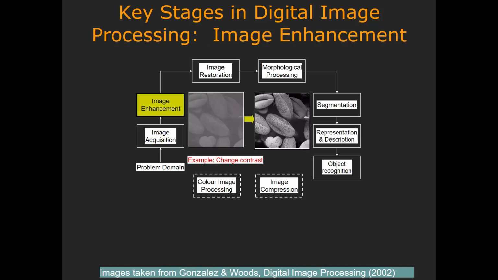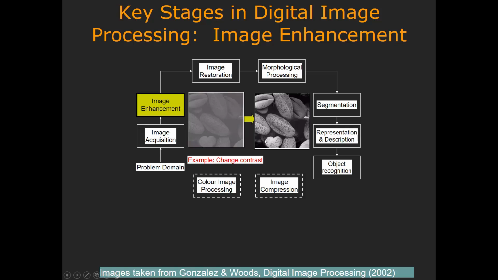Now, the next point is image enhancement. Image enhancement is the process of manipulating an image so that the result is more suitable than the original for a specific application. As you can see in this figure, this image is poor in contrast. So we are going to improve the quality of an input image by using some kind of operation. In this example, we are using a thresholding operation.